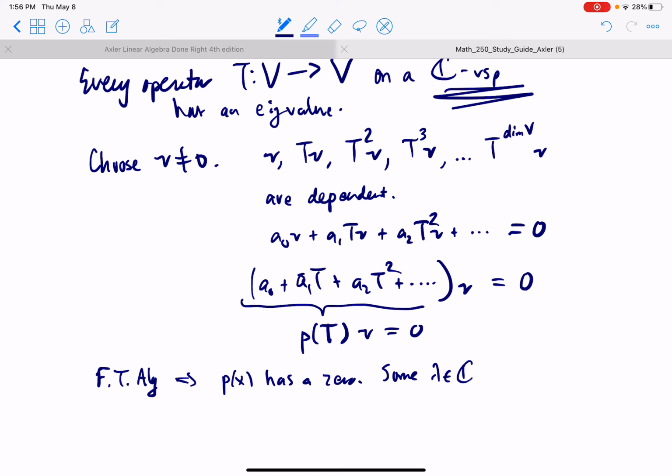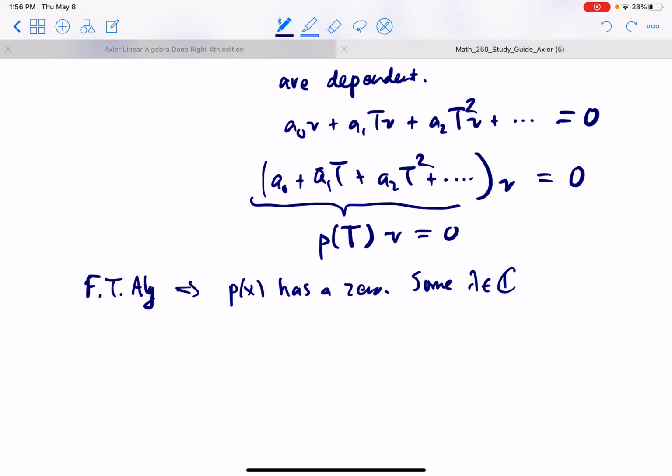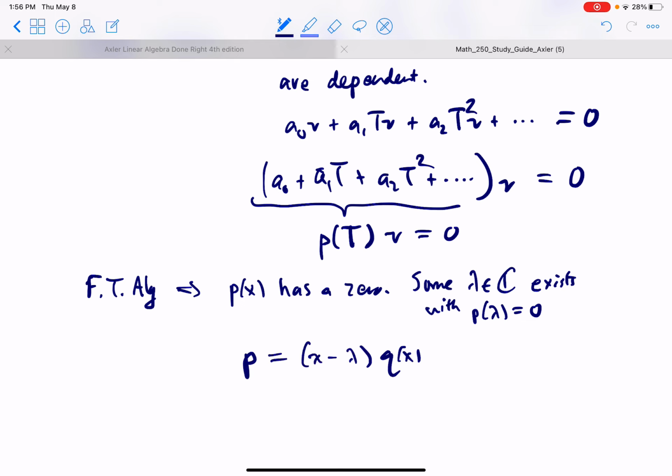That's why we need a complex vector space. p of x has a 0, so some lambda in C exists with p of lambda equals 0. Okay, how does that help us? Well, that means that p is equal to x minus lambda times some other polynomial q of x. So p of x is equal to (x minus lambda) q of x.